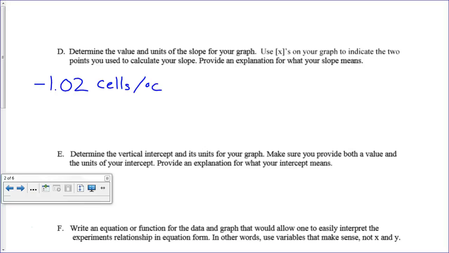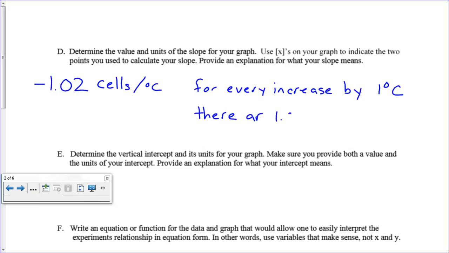But I think a pretty good interpretation of this would be that for every increase by 1 degree Celsius, there are 1.02 fewer cells grown.